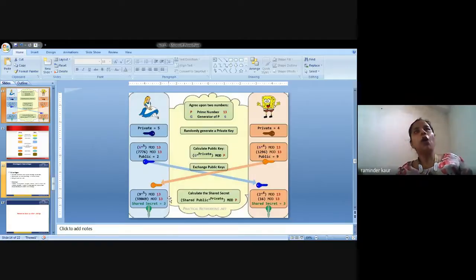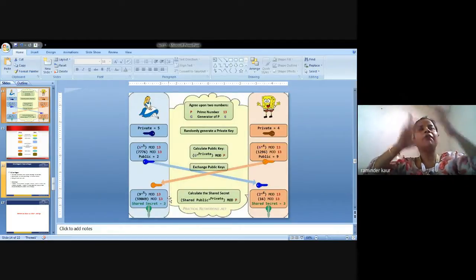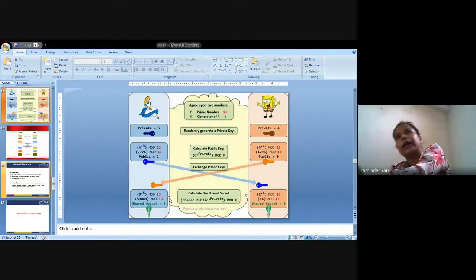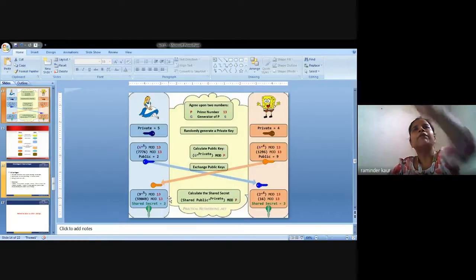In all the previous algorithms that I have discussed so far, we create two halves of the bits that are going to be shared. If it is a 32-bit algorithm, then we generate two halves of 16 bits each. The left 16-bit half is fed to the right 16-bit half, and the right 16-bit half is fed to the left 16-bit half.